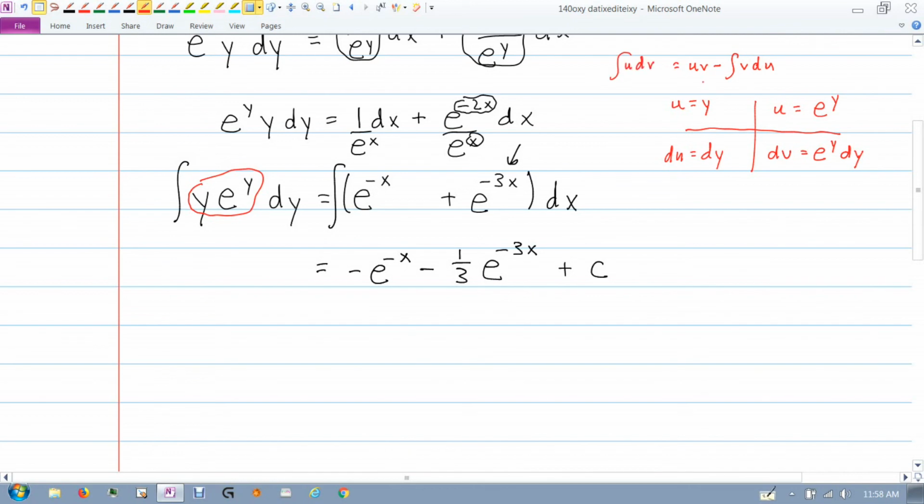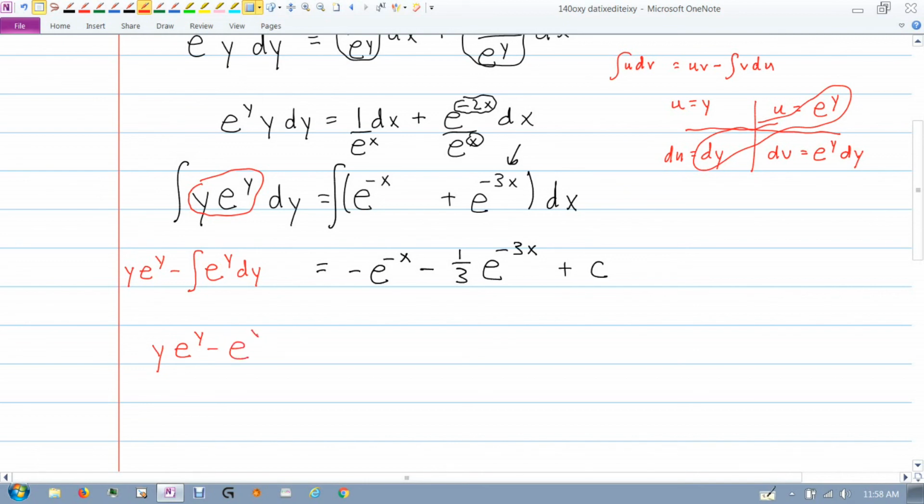And so I'm going to say that the left-hand side is u times v, so y e to the y, minus the integral of these two, so e to the y dy. And the antiderivative of e to the y is just itself.